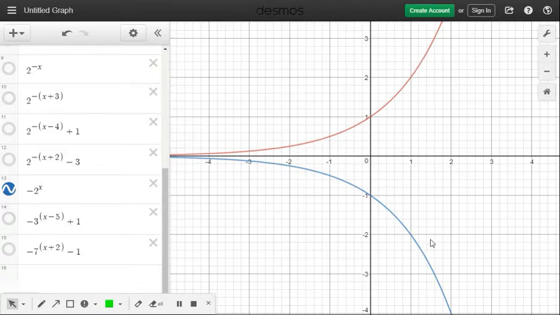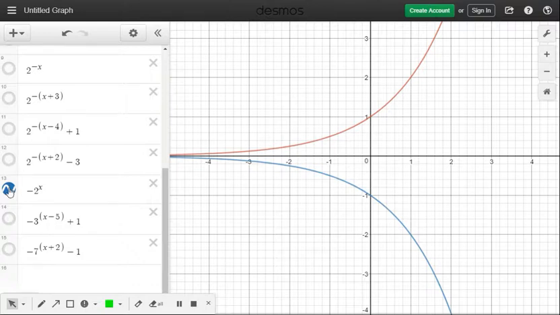So it flipped over the x-axis. So it reflected over the x-axis. So what it means is that if our base has a negative, or just like in 1.5, if there's a negative outside a function, then that means it's going to be reflected across or flip over the x-axis.